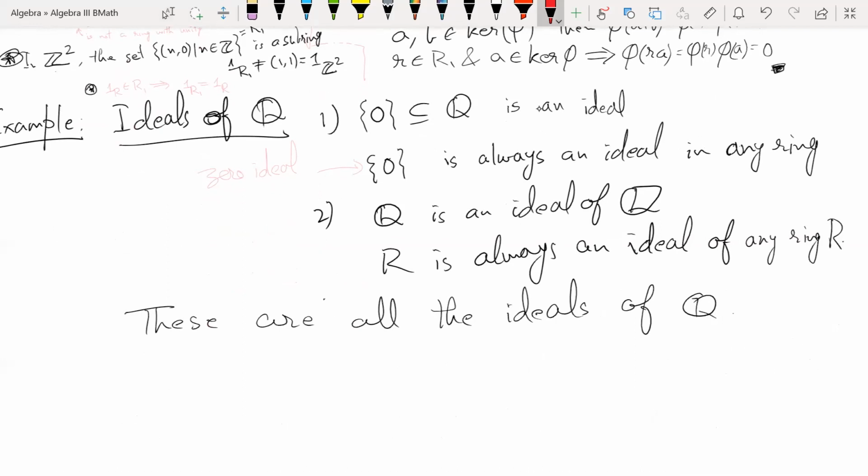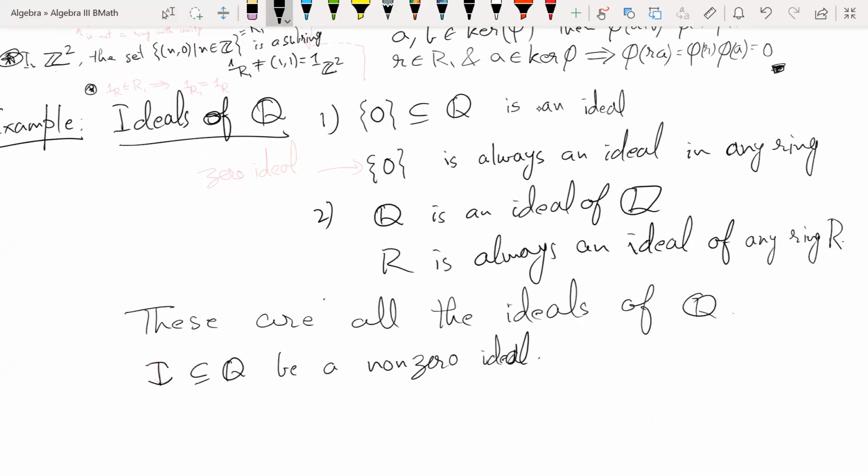The reason is, so this is sort of like notes. Let I contained in Q be a non-zero ideal. If I want to say that these are the only ideals of Q, then I have to show that I is equal to Q, if I'm starting with a non-zero ideal.